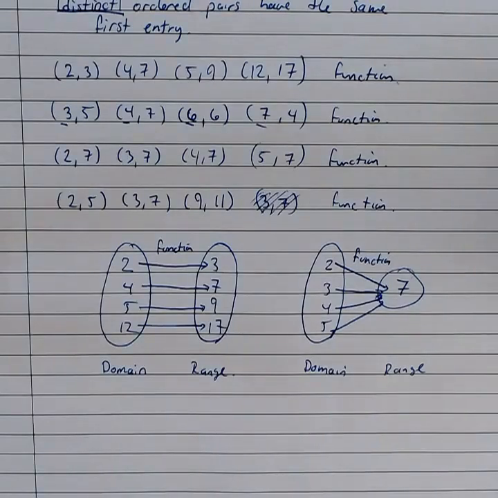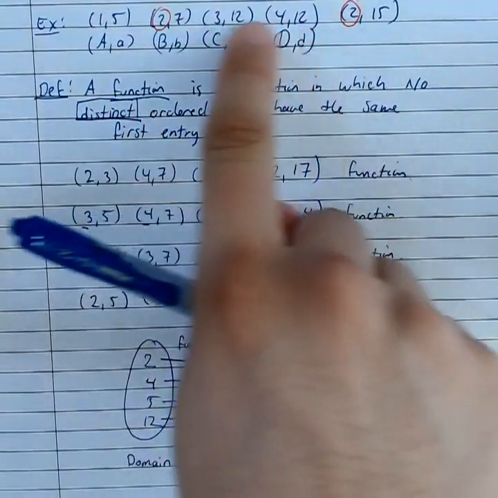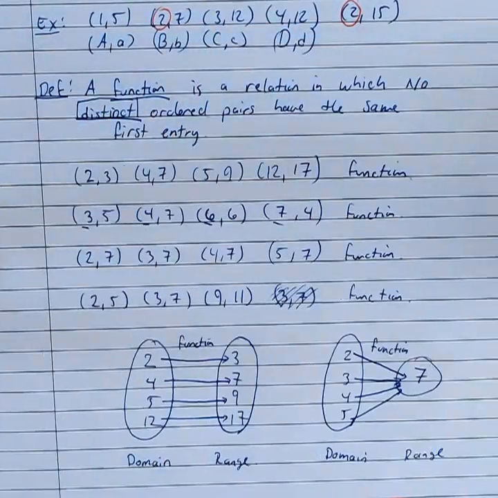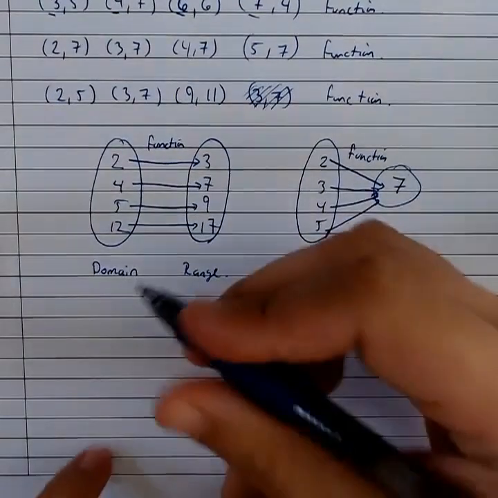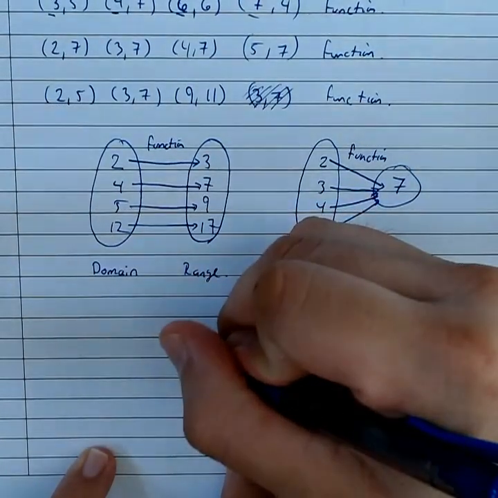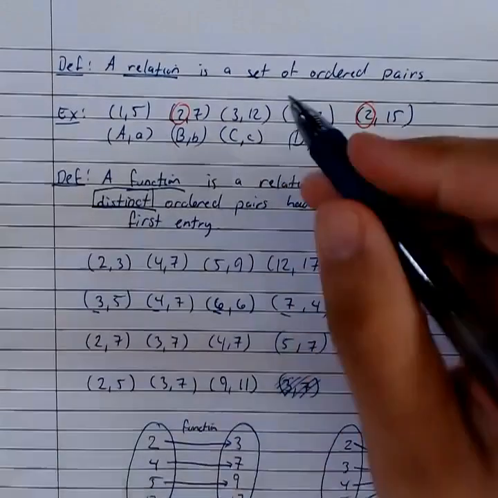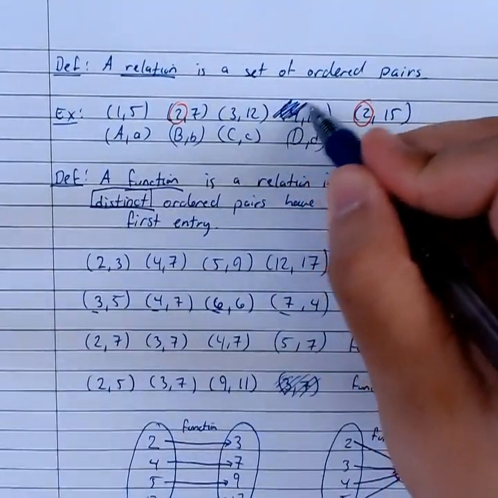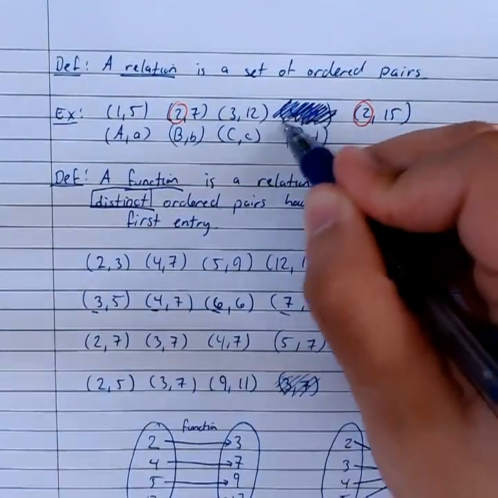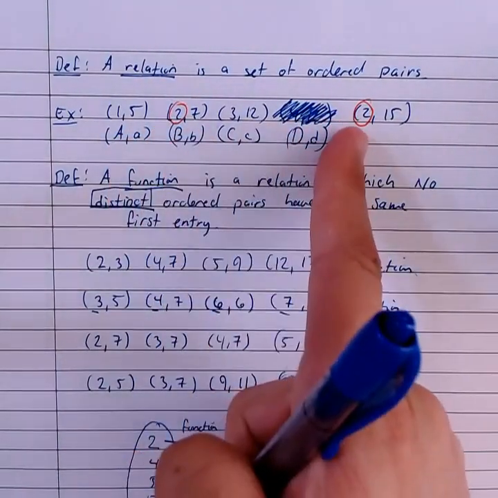But now, let's go ahead and compare that to something that's not a function. Let me take this up here, and I'm going to draw that one out. Here, I'm going to draw the first entries. I don't want to make this too big. I want to keep it the same size as this one. So let me erase one of my ordered pairs. This is still not a function because, of course, the first entry and the second entry are still the same.